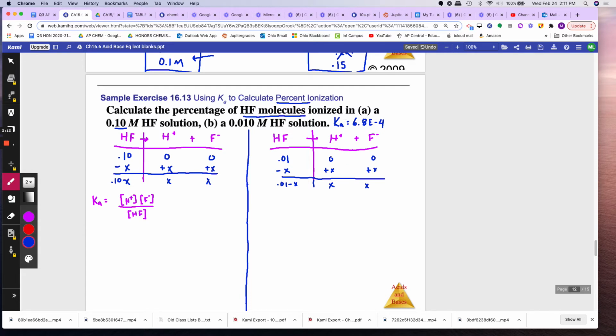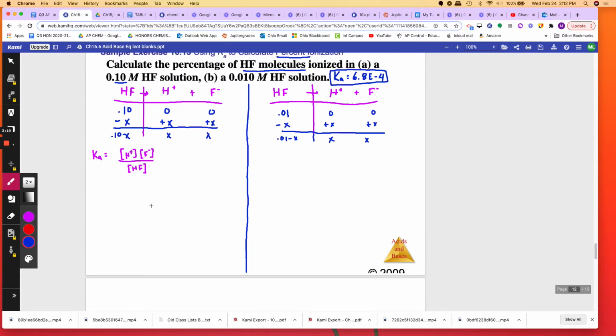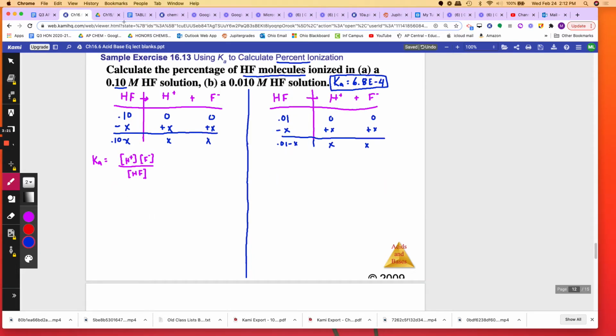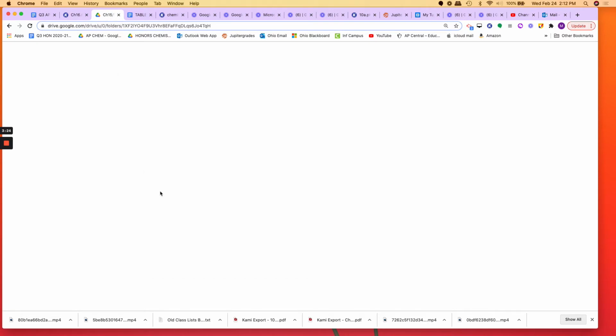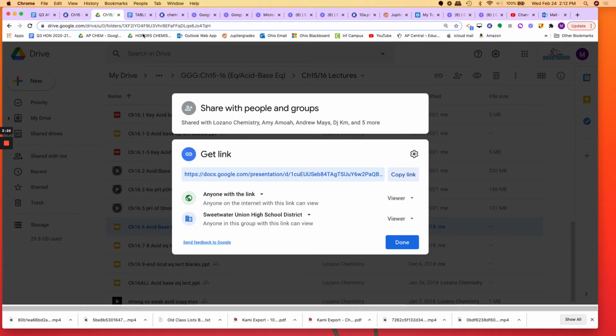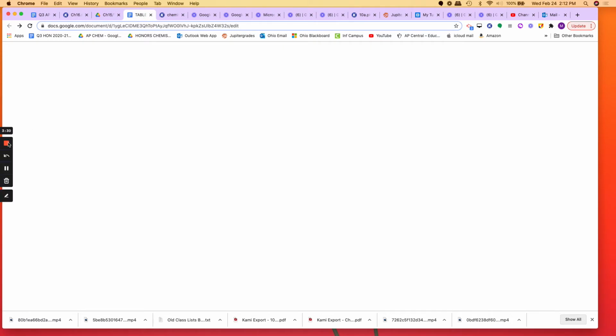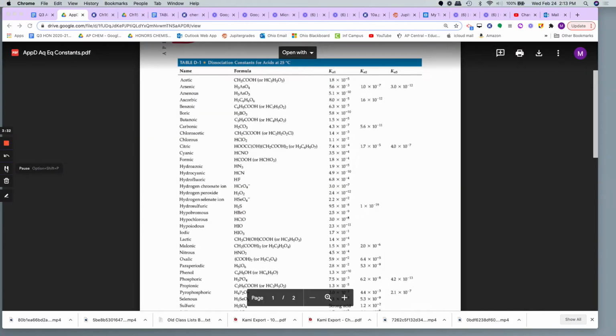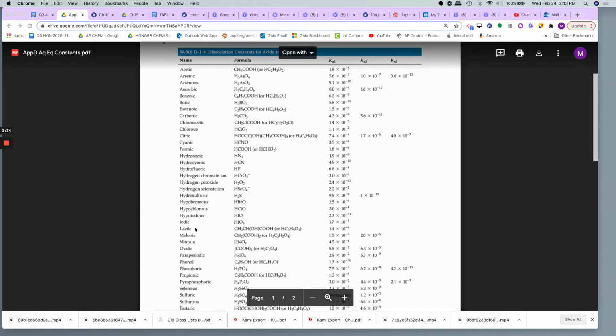I looked up the Ka in the chart and it's 6.8 E negative 4 for HF. Let me show you the chart in case you've forgotten how to get that. So here's hydrofluoric acid, HF right here, and this is 6.8 E negative 4.